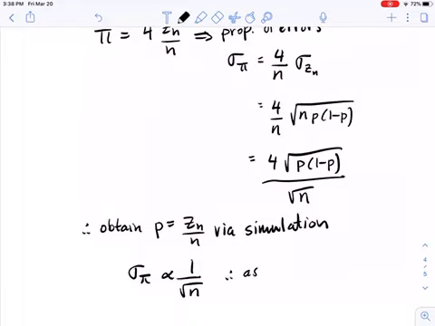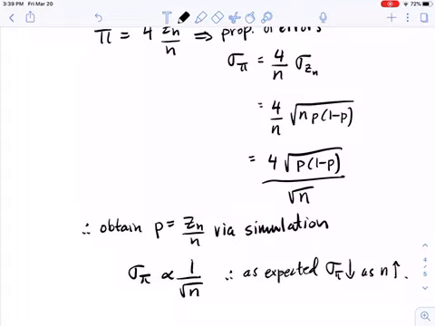Therefore, as expected, sigma pi decreases as n increases. So if you want to cut your uncertainty in your determination of pi in half, you have to increase your number of trials by a factor of 4.